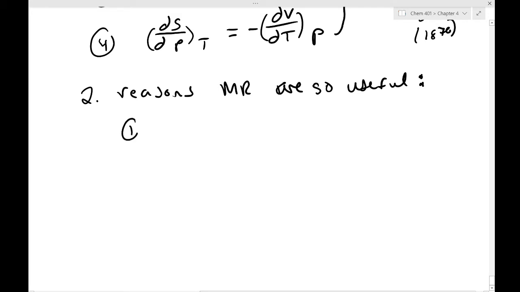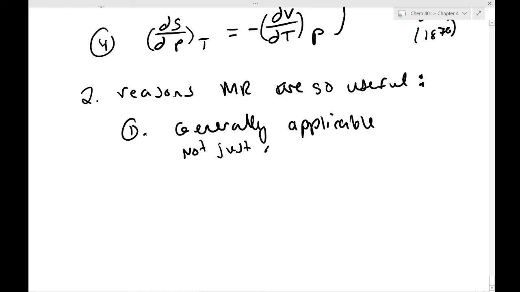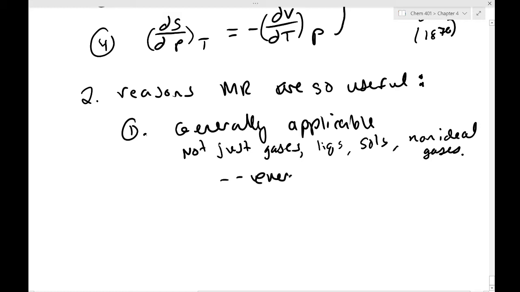Number one, they are generally applicable, meaning they are not just for gases, but they apply to liquids, solids, non-ideal gases, etc. So these really apply to everything. And that's why they're so useful.